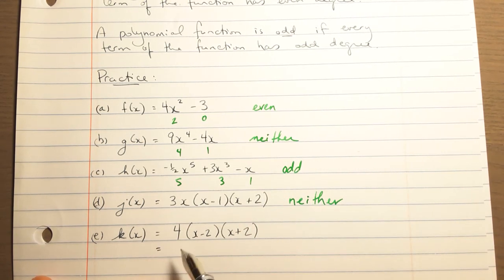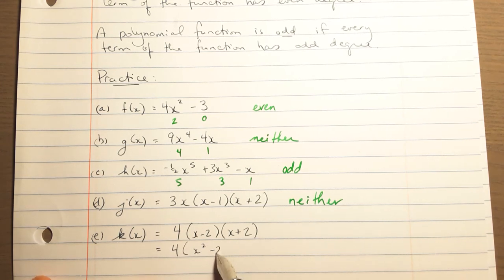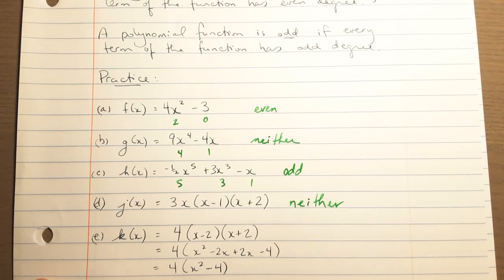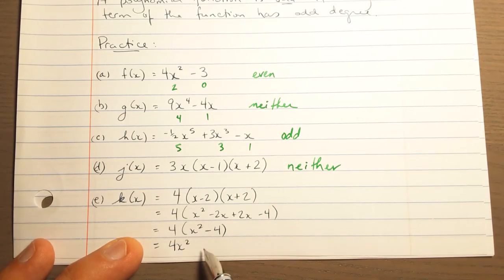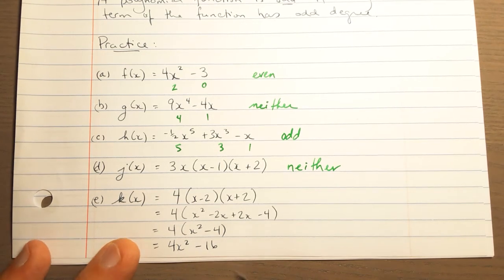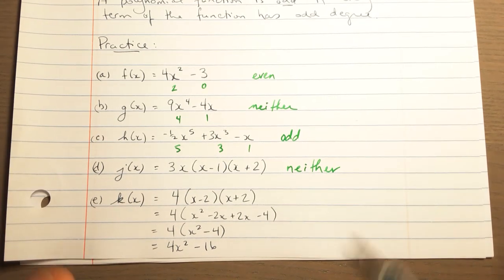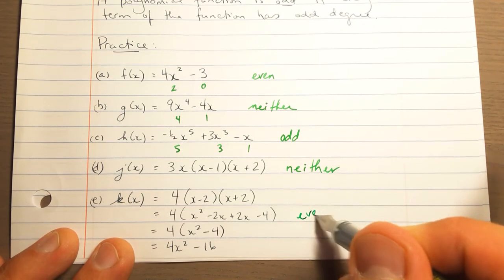Maybe I'll just expand this one out just to double check. Those two terms cancel out, or rather they add up to 0. Looks to me, oops, let me put this on the screen, 4x squared minus 16. Looks like a degree 2 and a degree 0, so this is an even function.